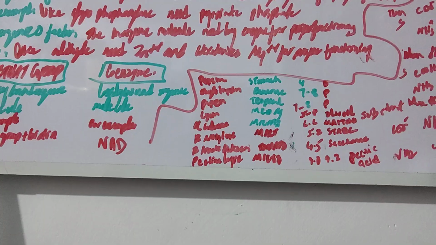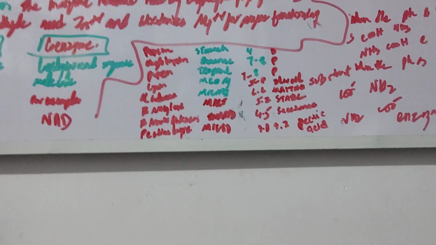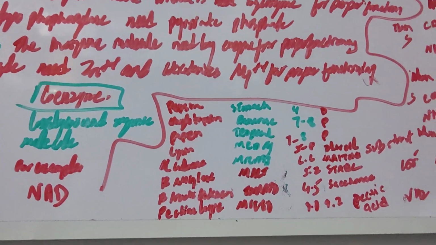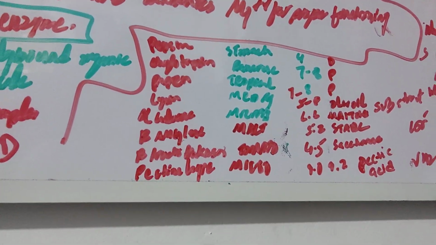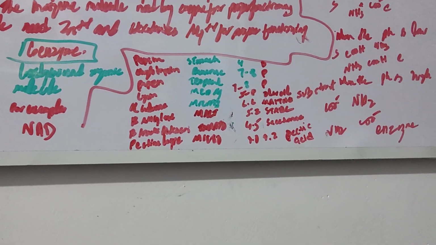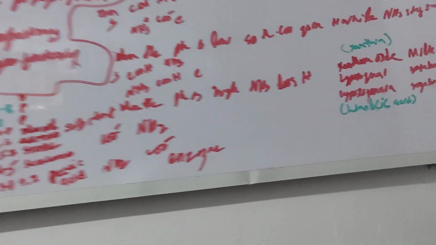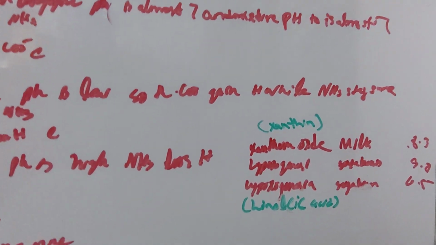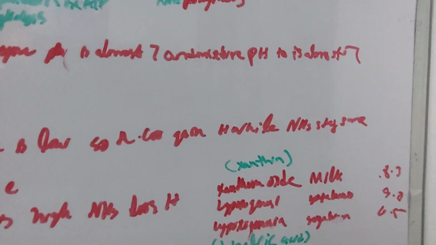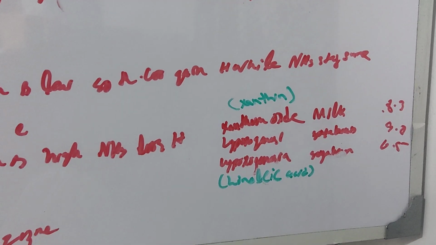Then we have glucose isomerase and fructokinase, again from tomato, working at pH 4.5, and pectolyase from microbes at pH 9.0 to 9.2, which helps in the digestion of pectic acid. Then we have xanthine oxidase, obtained from milk, which works properly at pH 8.3 and helps in the digestion of xanthine.